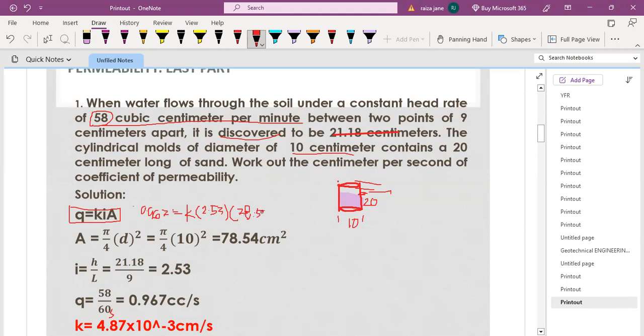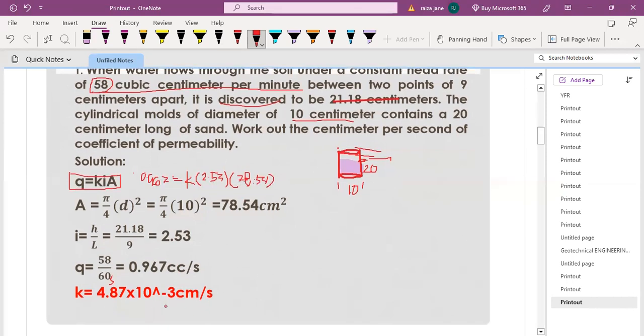So, i-shift solve na lang natin yan. Then, ang makukuha natin will be the coefficient of permeability, 4.87 times 10 raised to negative 3 centimeter per second.